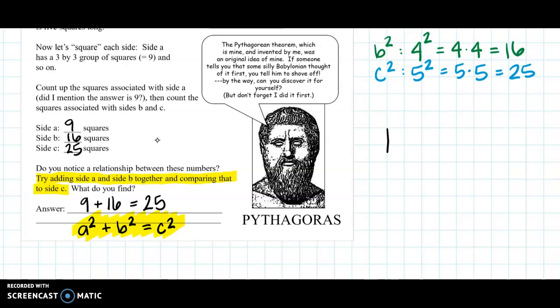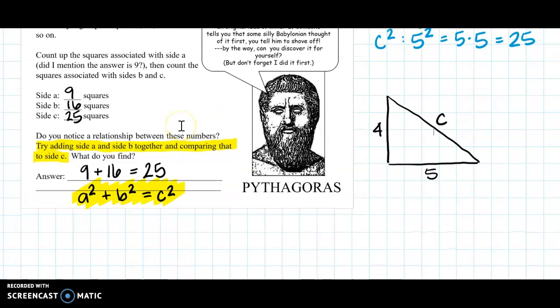So say we had another right triangle with side lengths of 4 and 5, but we don't quite know what C is. We can use the Pythagorean theorem to find the length of C. We know that A squared plus B squared is equal to C squared.